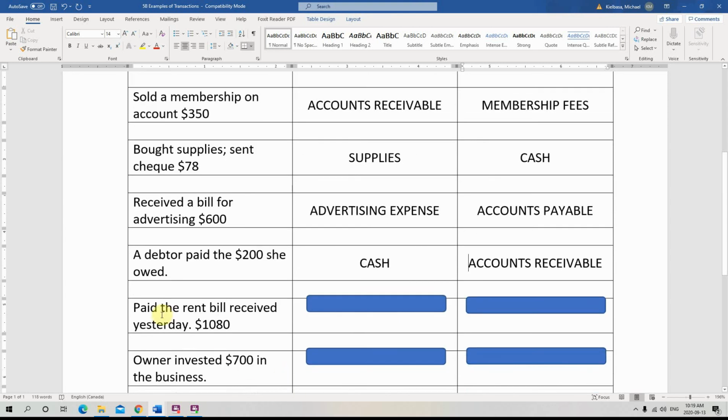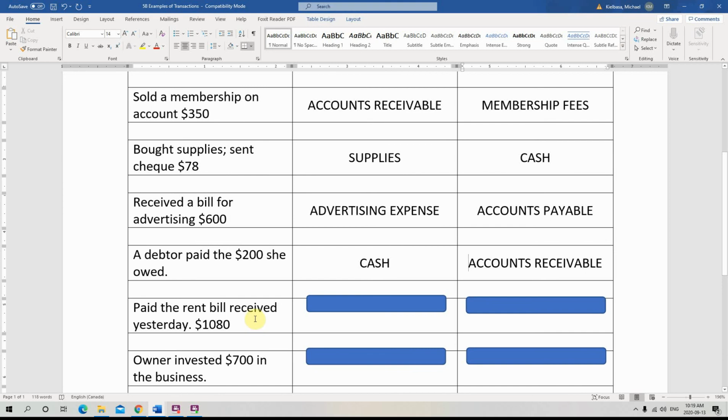All right, next one. We paid the rent bill received yesterday. So is rent expense affected? The answer is no, because we didn't get the rent bill today, we got it yesterday. So when we got it yesterday, we recorded the fact that we owed it.